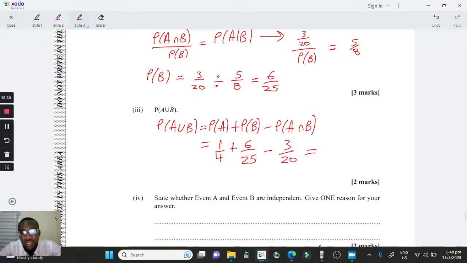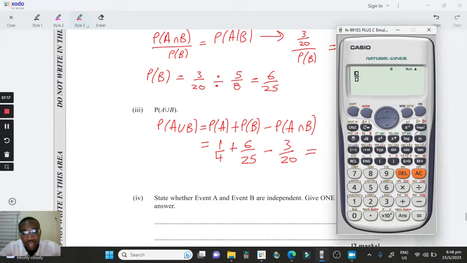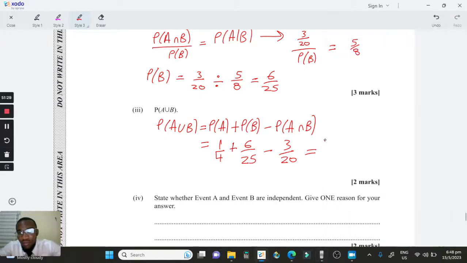I'll punch that into the calculator. A quarter plus 6 over 25 minus 3 over 20. And so that gives us 17 over 50. This is 17 out of 50. That's our answer. Easy so far.